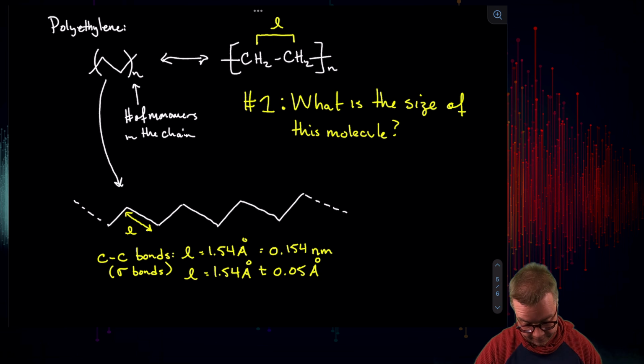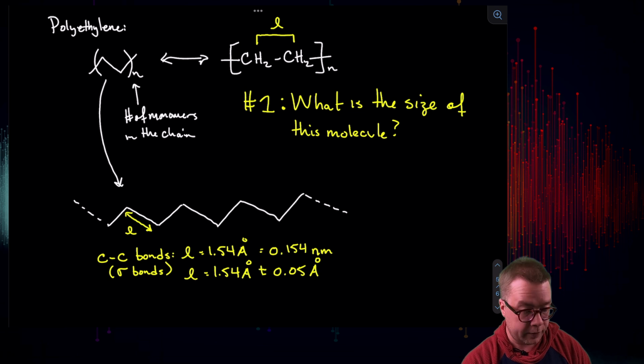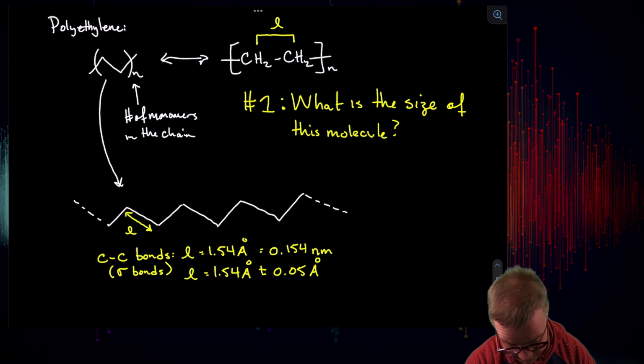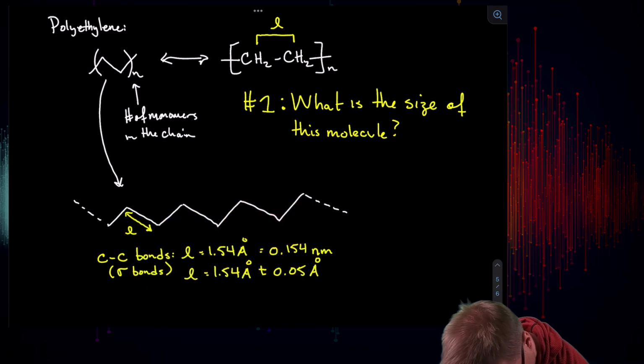All right, next thing. Next thing you could notice is that there is a certain bond angle that's preferred. And I've drawn this molecule in a very particular way, right? I've drawn it where all these bond angles are the same. And so there's a certain angle, you can see it here.